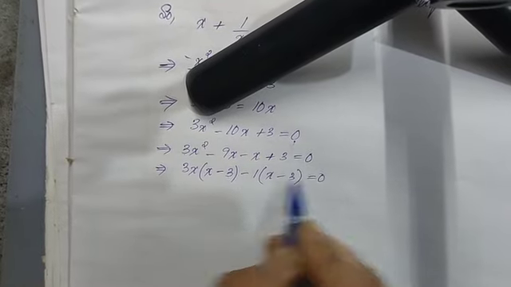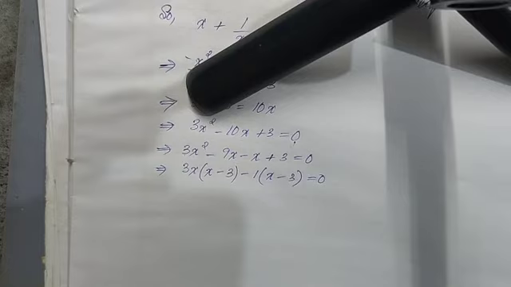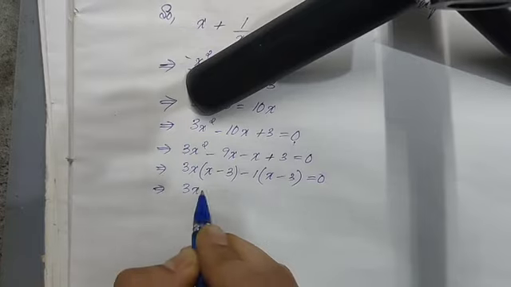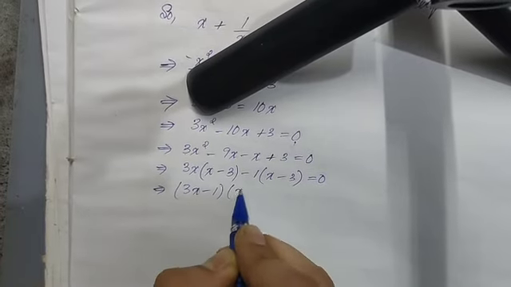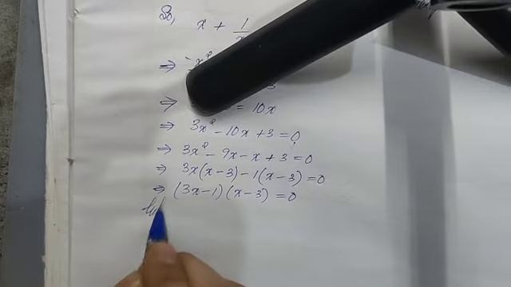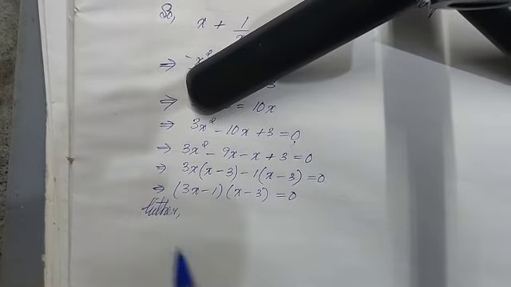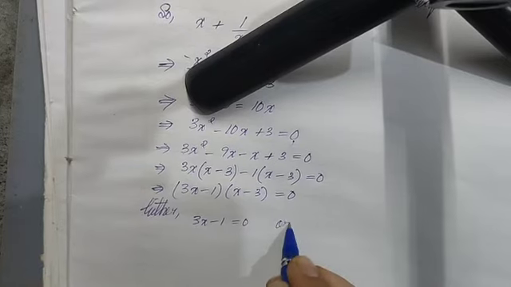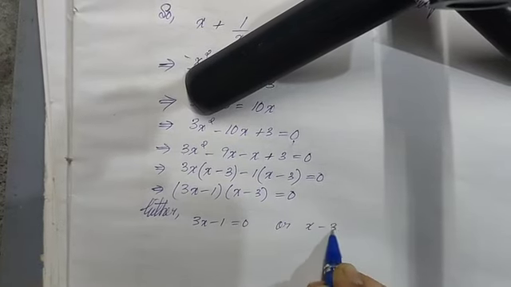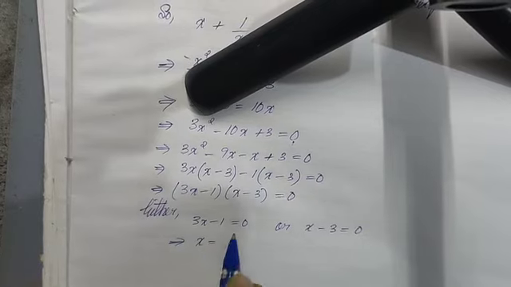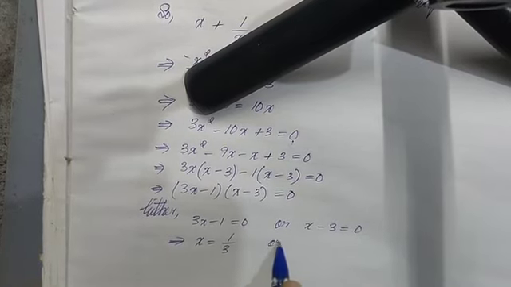So we have 3x minus 1 times x minus 3 equals 0. Either 3x minus 1 is equal to 0 or x minus 3 is equal to 0. That is, x is equal to 1 by 3 or x is equal to 3.